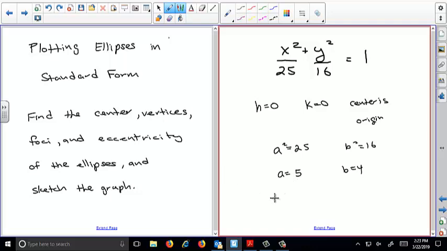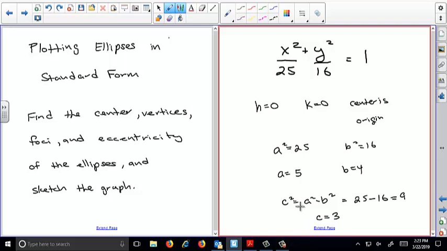The foci, we can calculate this c. Remember, c squared is equal to a squared minus b squared, or c squared plus b squared equals a squared. So in our case, we have a squared is 25, b squared is 16, so you get 9. So c is equal to 3.